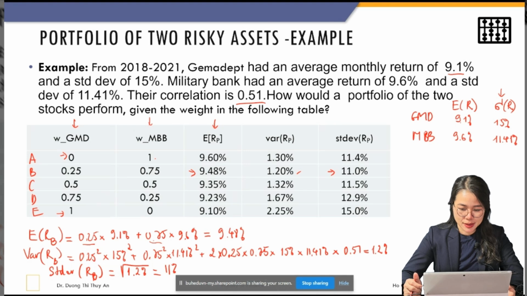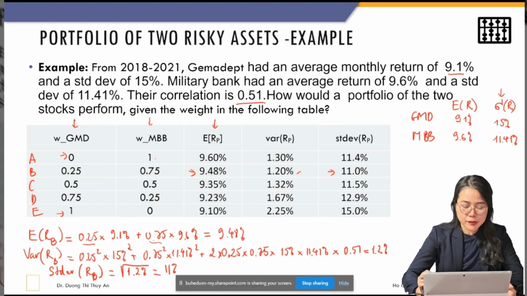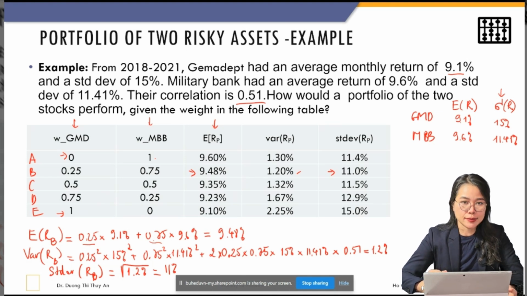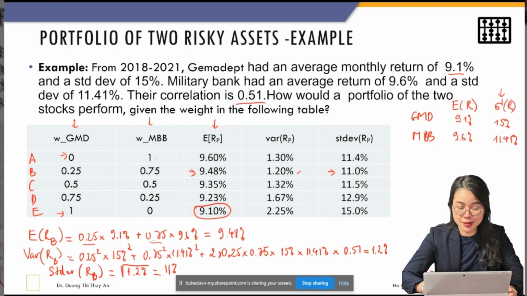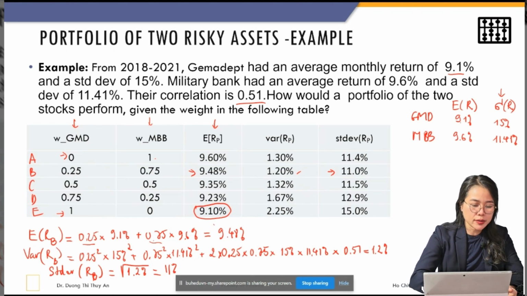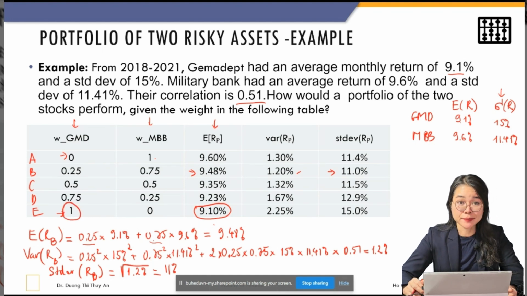Okay, look at our result. The portfolio with the smallest return is portfolio E, 9.1%, and this portfolio corresponds to 100% of GMDEP. That makes sense, right?